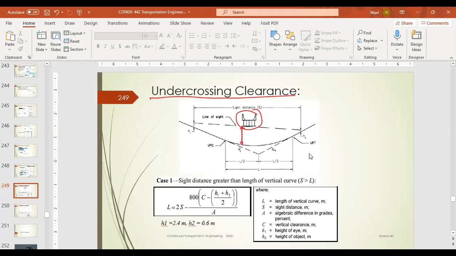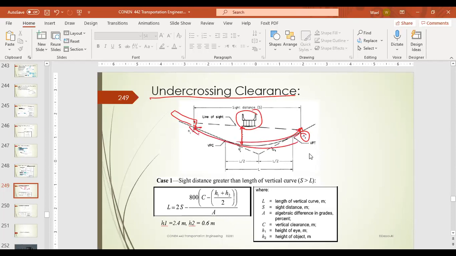So what we want to check here is if a driver trying to go under that curve, in this underpass, can see sufficient distance in case there's an obstacle at height h2, then he can see it at the stopping distance.